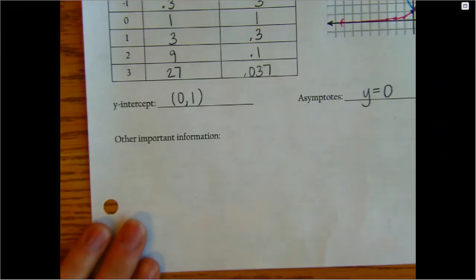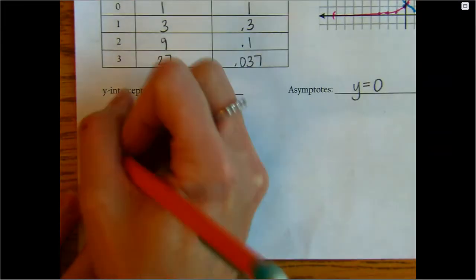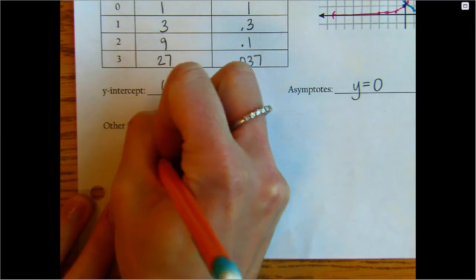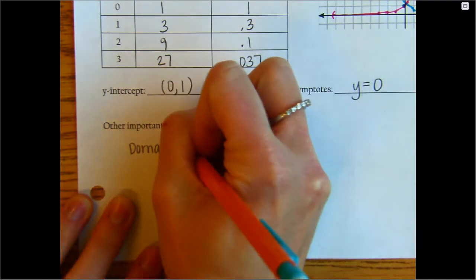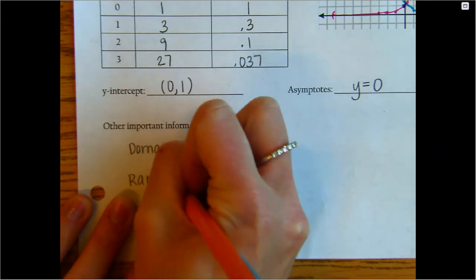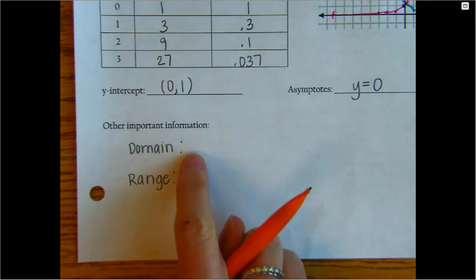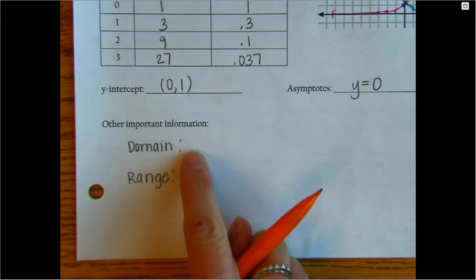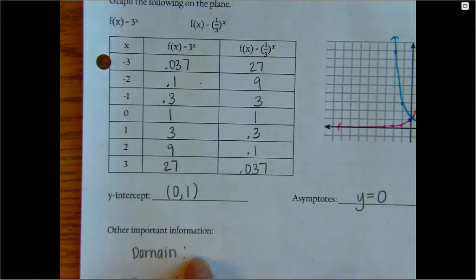So that brings us to some other important information, the domain and range of an exponential function, okay? So the domain, remember, is what you're allowed to plug in for x. Are there any restrictions? When we talked about the domain of a rational function, we said it can be anything that doesn't make the denominator 0.